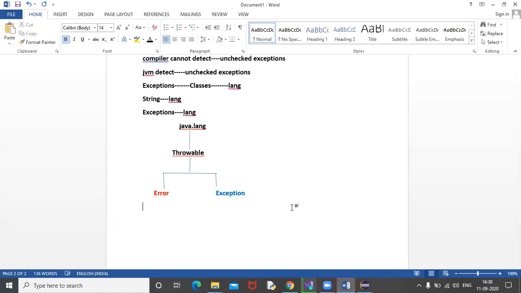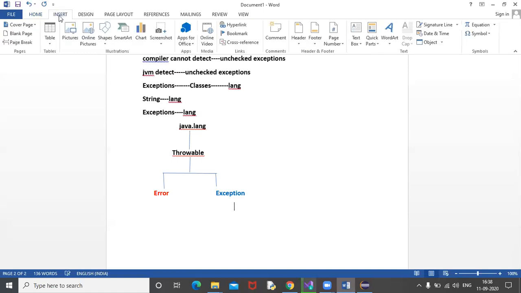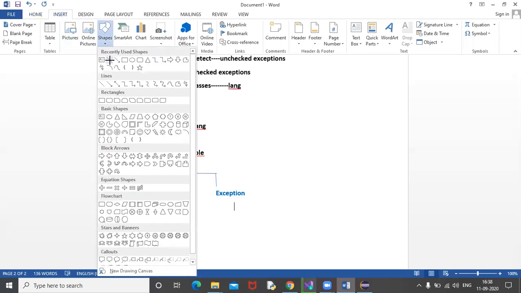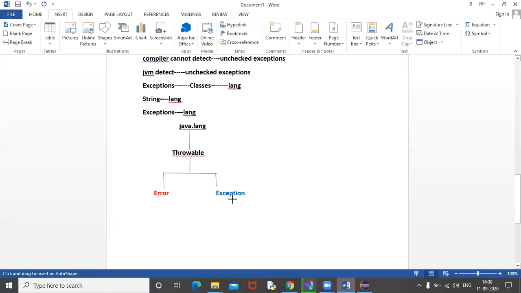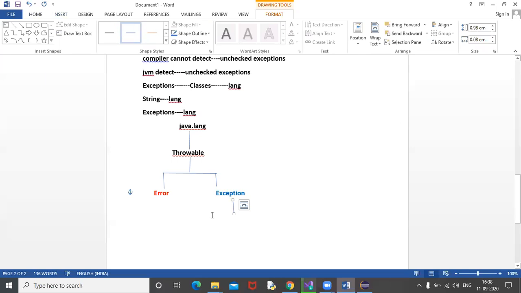Similarly, all the subclasses of exception belong to the Exception class. Error we don't want to bother about, we leave it.